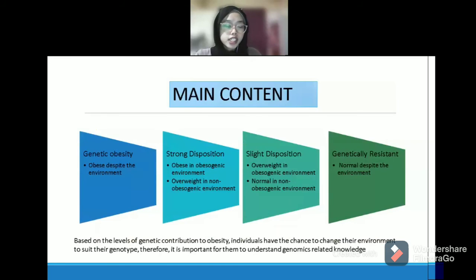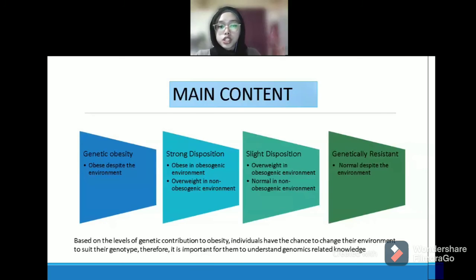As we can see here, there are 4 levels of genetic contribution, which are genetic obesity, strong disposition, slight disposition, and genetically resistant contribution. Genetic obesity: the individual can be obese despite the environment, whether it is obesogenic or non-obesogenic.